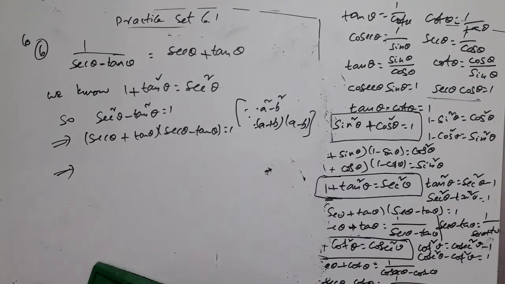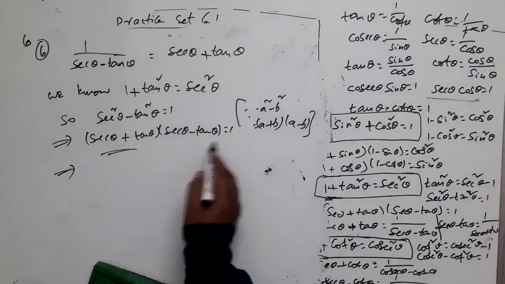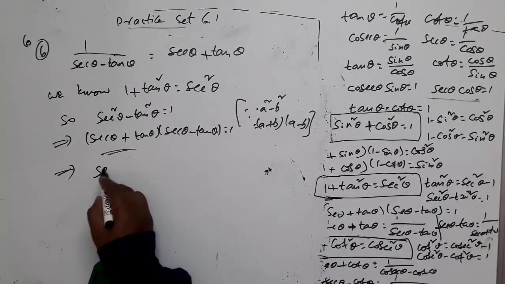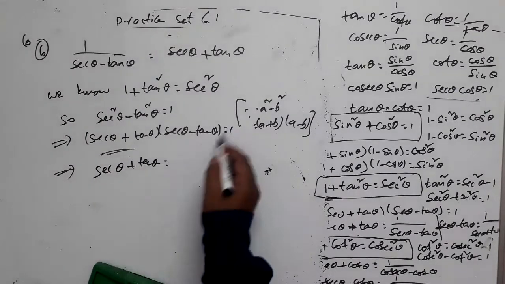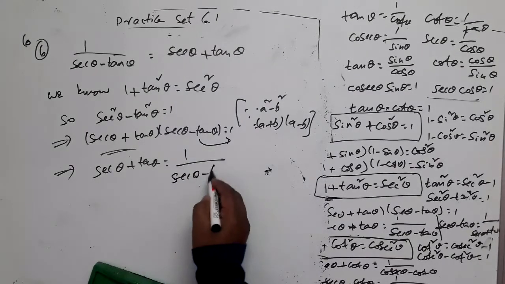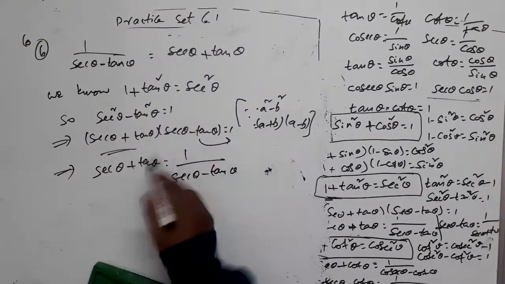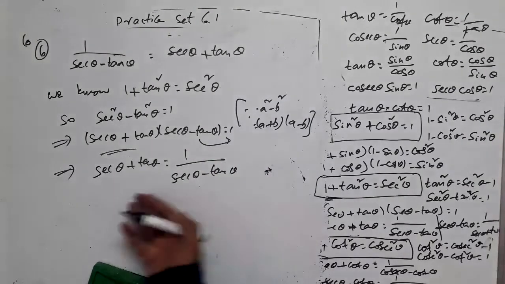Yes, that's all. This one, next one. So this multiplied with this is equal to 1. So this can be written as, that is secant theta plus tan theta. I am leaving this side. Can be written as, this will go to the denominator if I take it to the other side, or simply dividing both sides by secant theta minus tan theta, if to put it in some other way, right? Same thing.